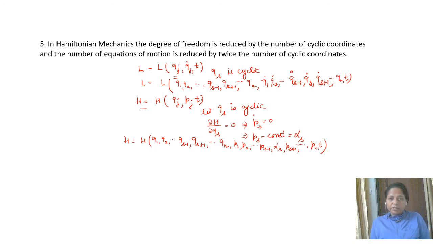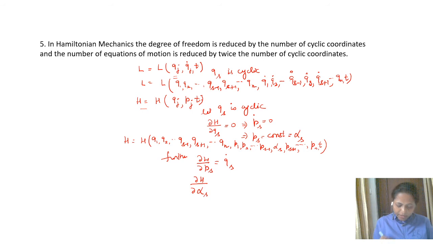And what is your another equation in terms of Hamiltonian? The another equation is, this was with minus symbol, so it doesn't matter. Further, delta H, delta ps is qs dot, right? So delta H, delta ps, what is ps?